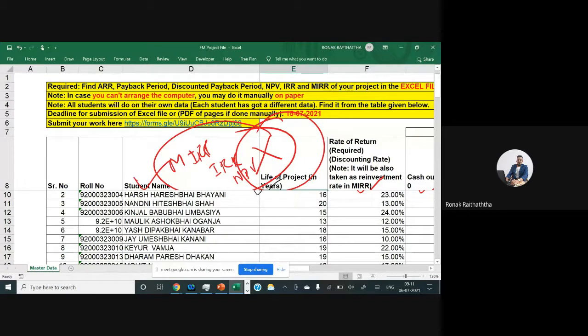Just apply the formula of MIRR by putting your data somewhere and find out whether your manual answer is matching with your MIRR formula or not. Because you would have observed that for MIRR, for IRR and for NPV, you have got a default formula in the Excel. You will not be using that, otherwise it would be too easy, you know. You just put the cash inflows and outflow, you get the answer.